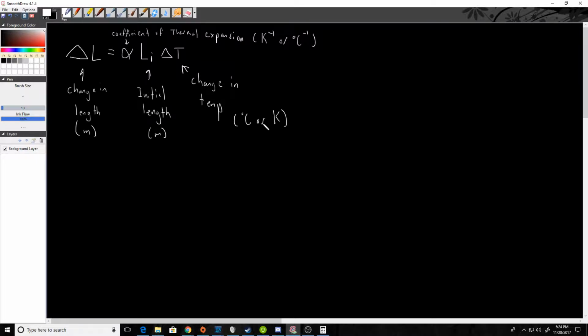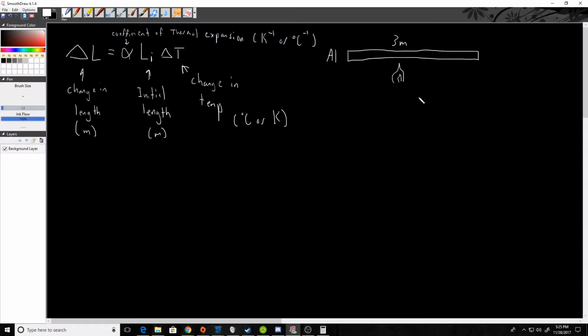So looking at this in practice, we're going to pretend that that is a 3-meter long tube or rod of aluminum. And I apply a certain amount of heat to it.